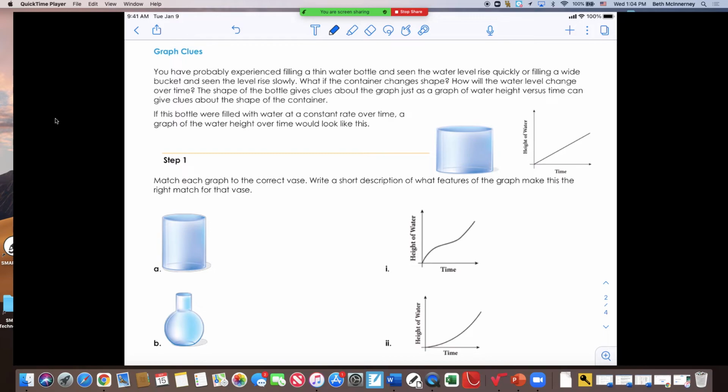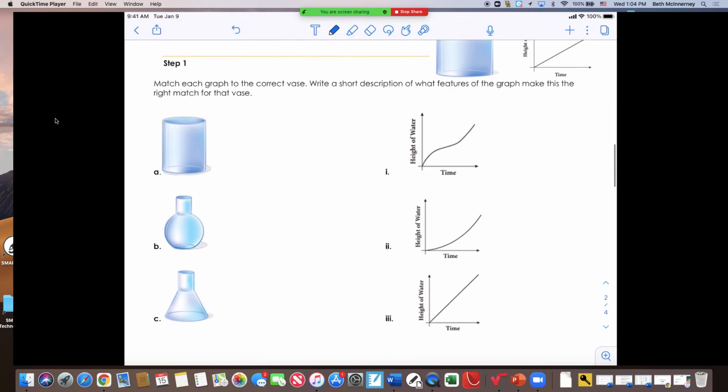I'm going to give you a couple of minutes, and what I want you to do is try to match the container on the left to, if you were to plot the time over the height, which one would it go to? So this is a little matching.